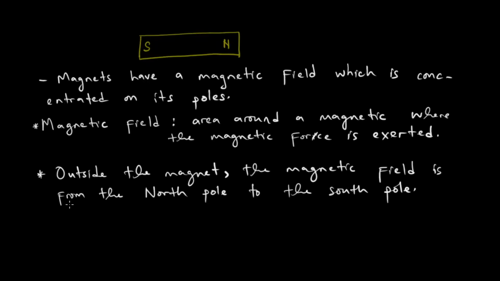Saka tirikuti north to south like this. So inside the magnet it's a different story. Actually it's converse, but because it's not literally part of our syllabus, I'm not going to elaborate much. But outside the magnet, the magnetic field is from the North Pole to the South Pole.